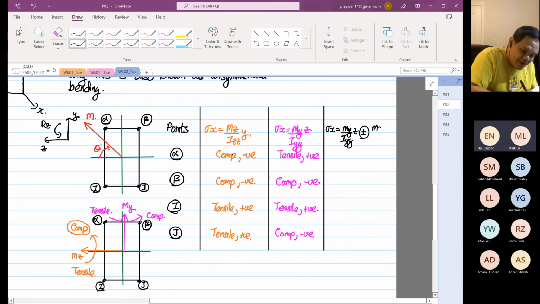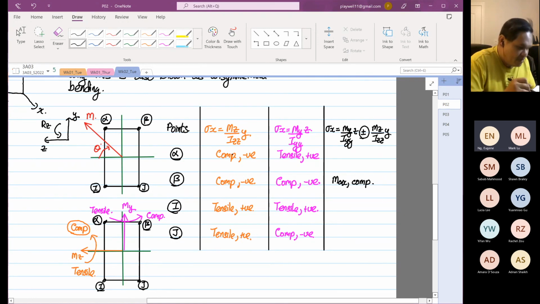At point beta we will have our maximum compression, because it's the only point where you have negative stresses from both the moment acting about the z-axis and the moment acting about the y-axis. And point I is the position where you have maximum tensile.